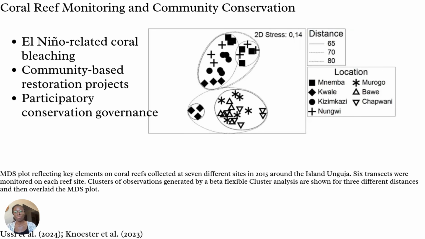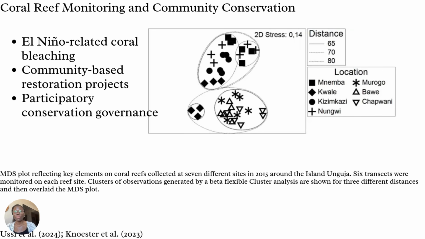Two more readings focus on coral reef ecosystems. For example, the 2024 study examines long-term changes in coral reefs around Zanzibar, Tanzania, where major bleaching events linked to El Nino in 1998, 2007, and 2016 caused significant coral death.